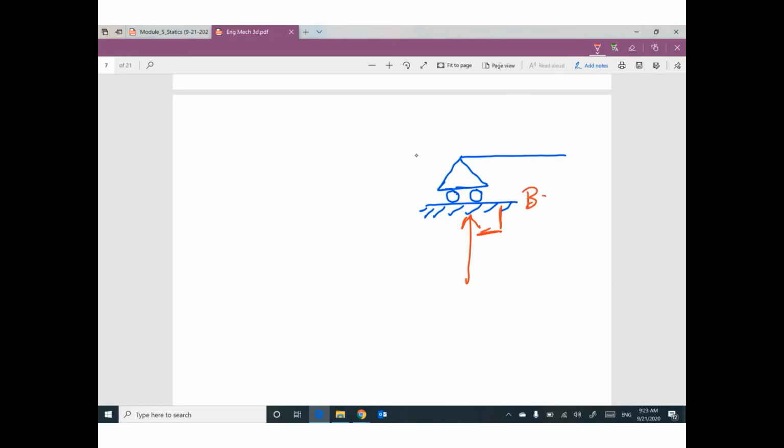What do you mean by perpendicular? I mean, sometimes your roller probably looks like this. Sometimes this roller looks like this.